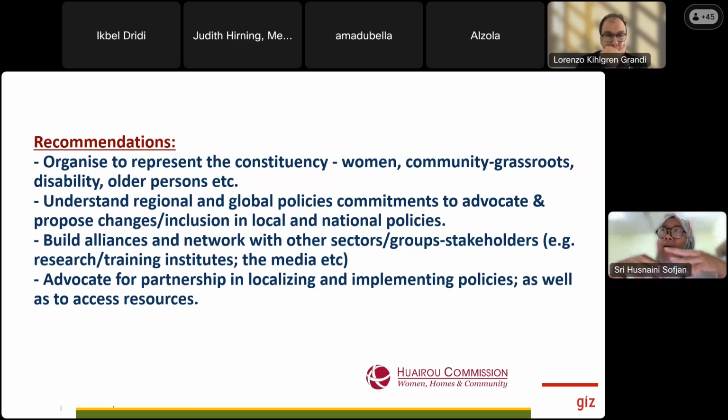And Huairou Commission, as a global organization, mediates by engaging them and linking them to their local government through our partnership with United Cities and Local Governments, UCLG, at the global level and also at the regional level. That's how we hope that women will get more recognition and positions in decision making, to make the difference in our urban development.